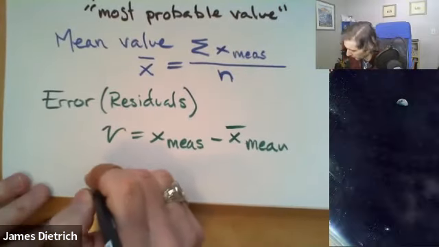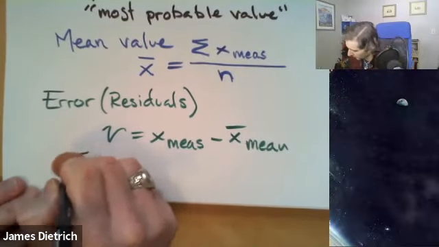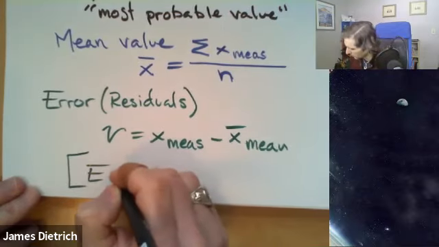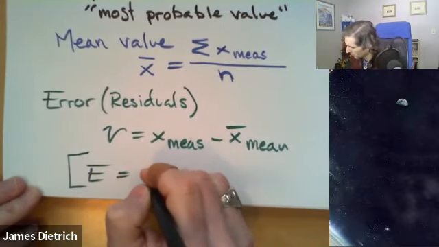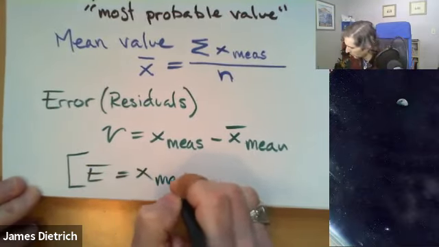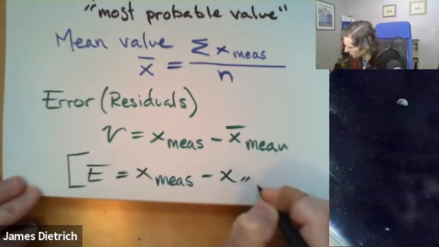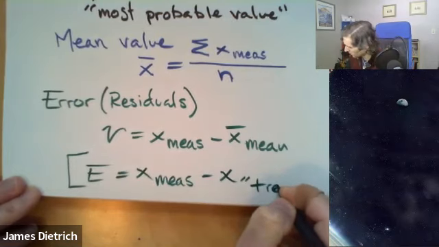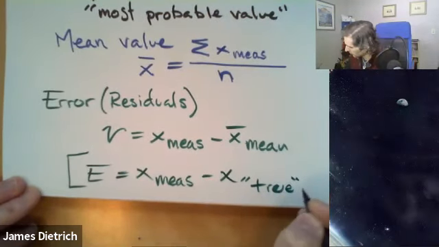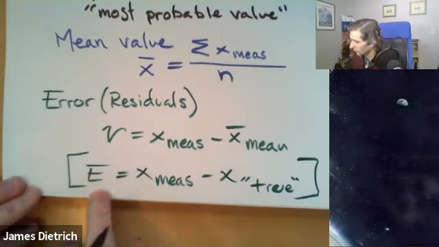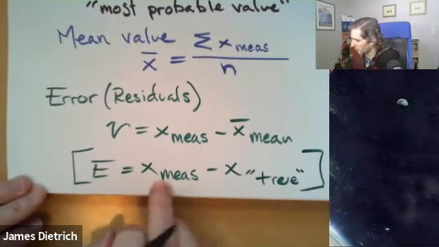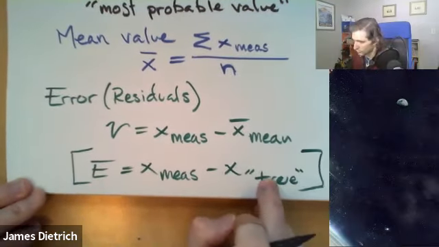This is like what we saw at the beginning, which was E, the error, is the measurement minus the true value.